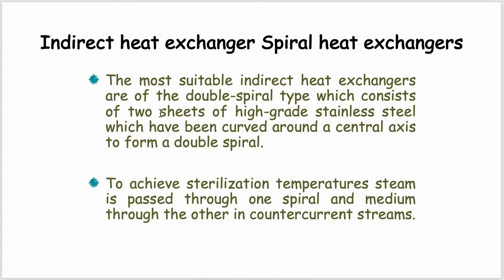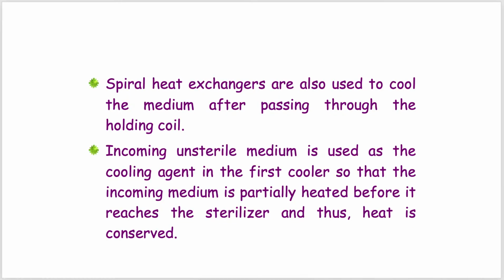The most suitable indirect heat exchangers are of the double spiral type, which consist of two sheets of high grade stainless steel which have been curved around a central axis to form a double spiral. To achieve sterilization temperatures, hot steam is passed through one spiral and the medium through the other in countercurrent streams.